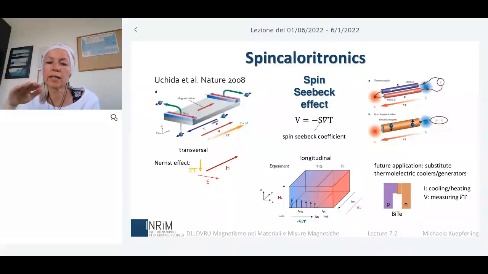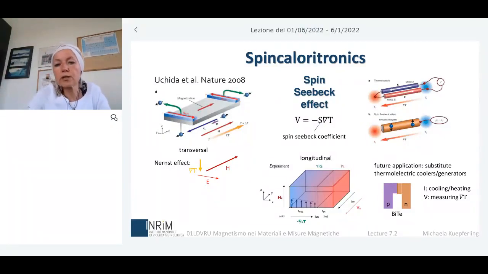In this way, you can eliminate Joule heat, first of all, and second, you can find classical applications for the Seebeck effect or for the Peltier effect, thermoelectric effects, as coolers or generators, for example, which are now prepared with semiconductors in a quite complicated way, because you need pillars and junctions between P and N doped semiconductors.